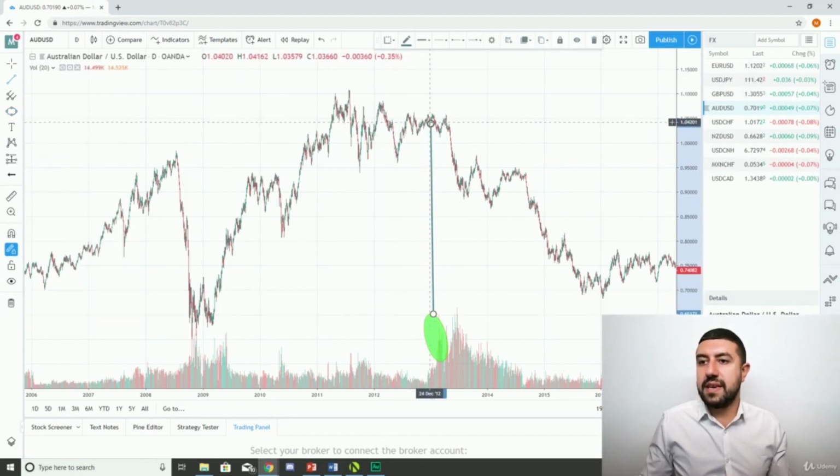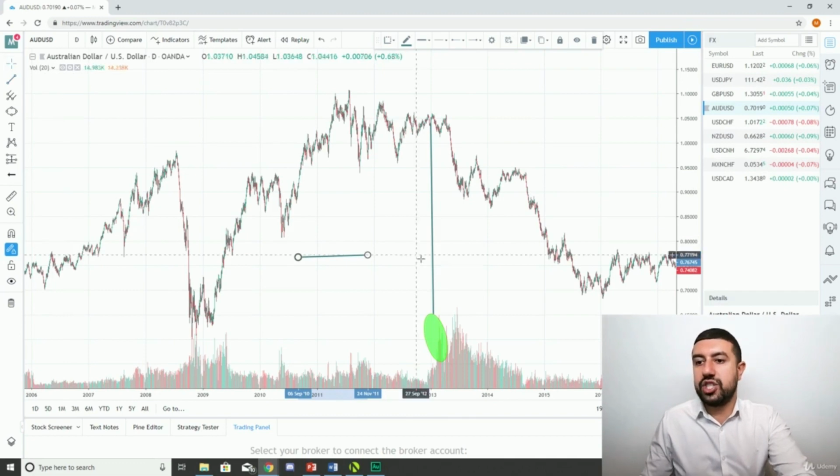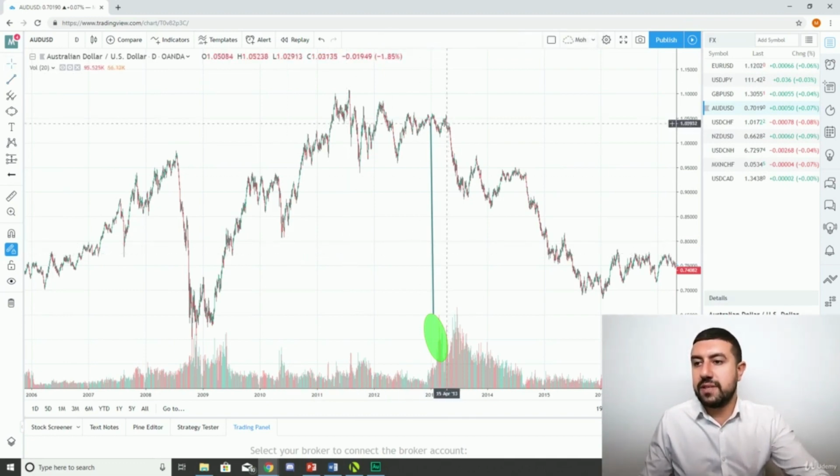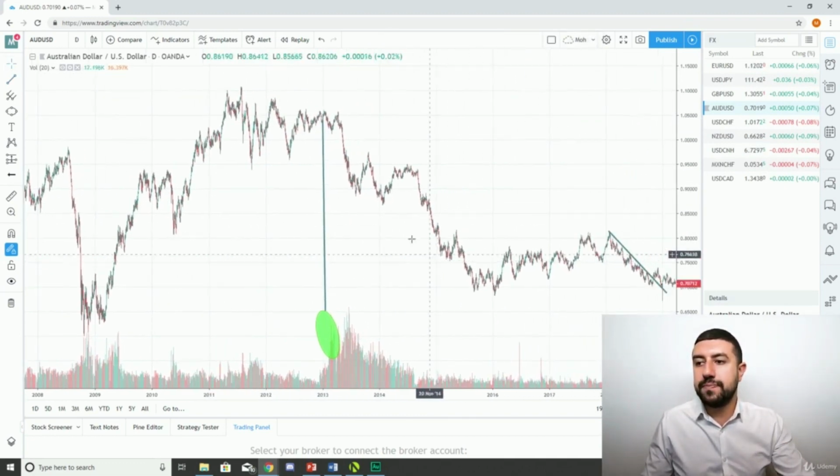So prices hadn't even dropped. And then prices dropped with an increase in volume. So everybody was agreeing with that. There was a lot of selling, and that's what pushed prices down. And you can see then we had a change in directions, and prices started to go this way.